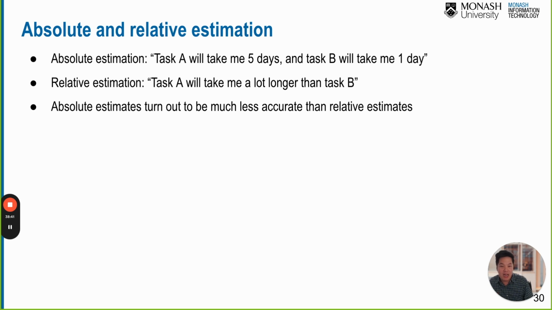Absolute estimates turn out to be less accurate than relative estimates because when you give the absolute amount, it depends on how precise you are, okay?